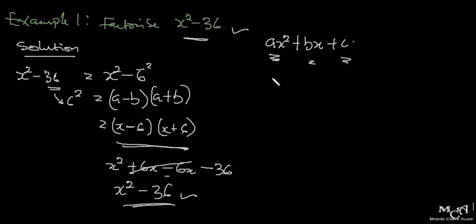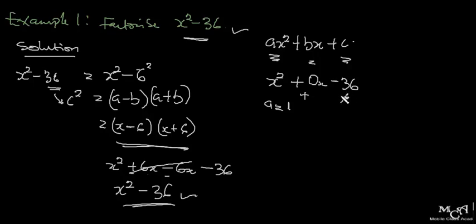Now, let's rewrite this as a quadratic equation. We have x squared plus, because we don't have our bx, what are we going to use to replace the b? 0, minus 36. And you know, in the previous classes, while we were doing factorization where a equals 1, we did mention the two values that when added will give us 0, and when multiplied will give us minus 36.